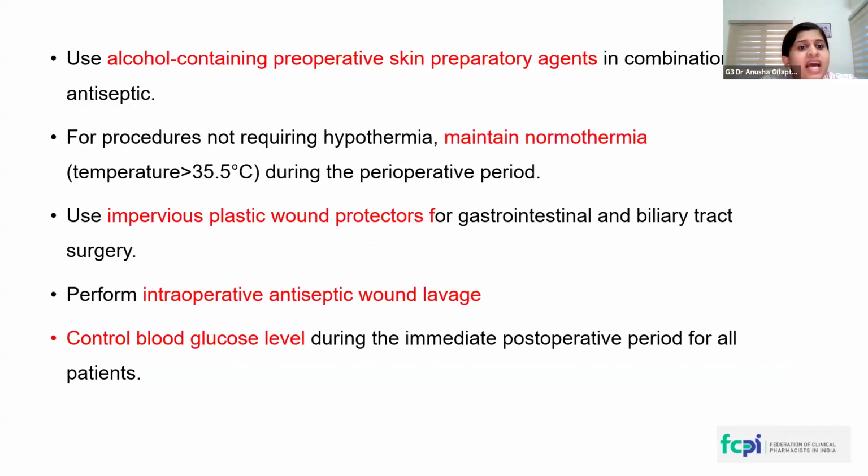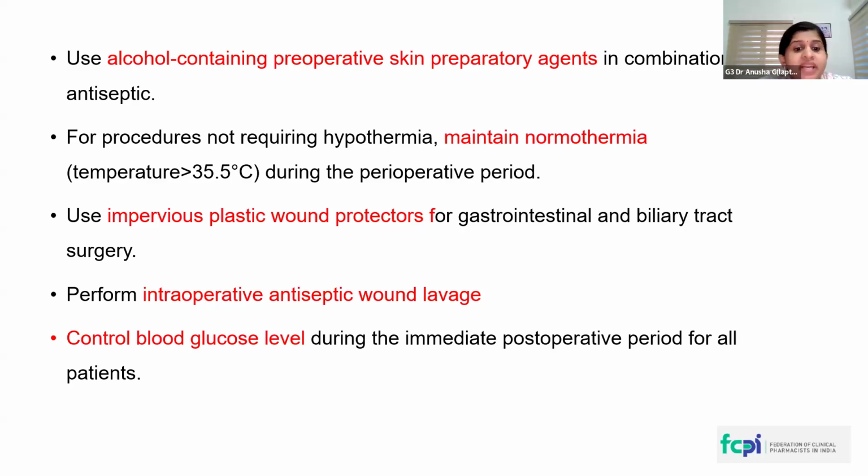And use alcohol containing preoperative skin preparatory agents in combination with antiseptic when you're cleaning the area, preparing the area. And if the procedure does not require hypothermia, then you must maintain the patient in normothermia, that is around 37 degrees centigrade. And after surgery, please use impervious plastic wound protectors, especially for gastrointestinal and biliary tract surgery.